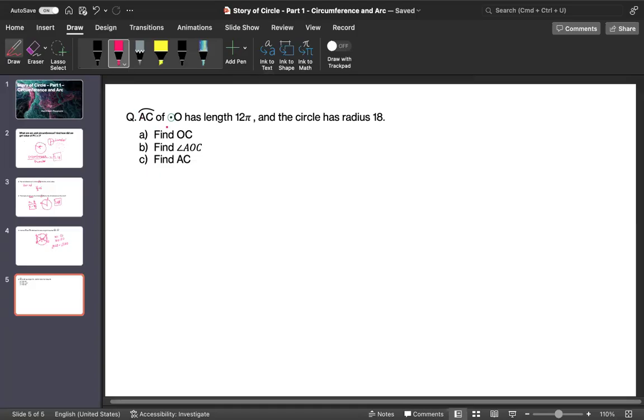Arc AC of circle center O has length 12 pi and the circle has radius 18. So let's just draw this out real quick. Here we go. Okay, so here is A, here is C, and this whole part is 12 pi.